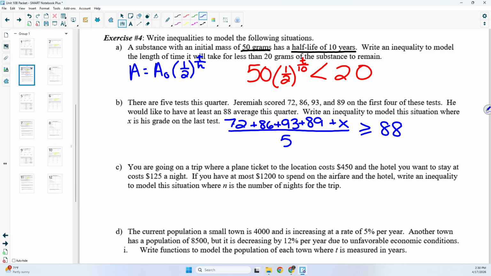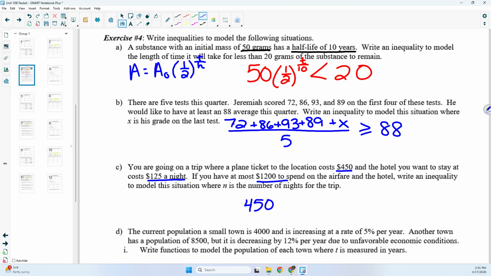Next one, you are going on a trip where a plane ticket to the location costs $450, and the hotel you want to stay at costs $125 a night. If you have at most $1,200 to spend on the airfare and the hotel together, write an inequality to model the situation where n is the number of nights for the trip. So this is linear because I have a start value. No matter what, I have to pay for the plane ticket.